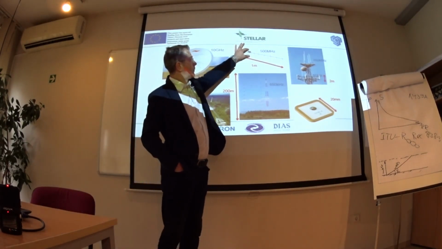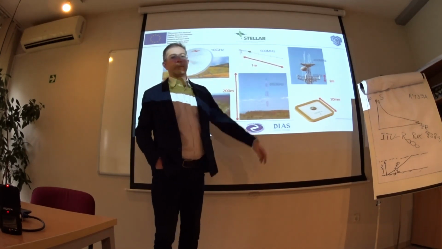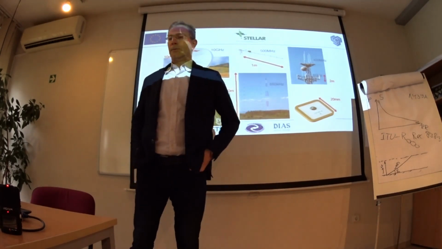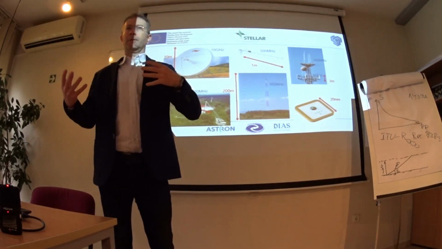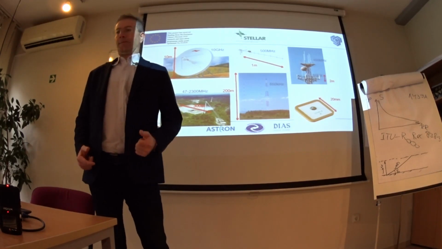This is called a half wave dipole. So this is half. So these are two distinct classes: aperture antennas and wire antennas.